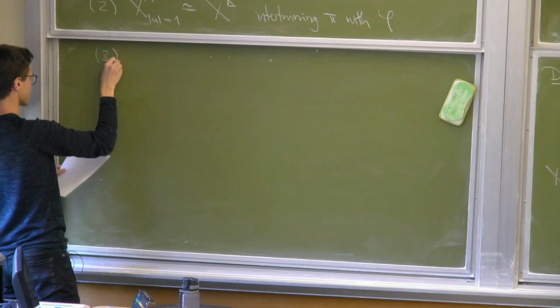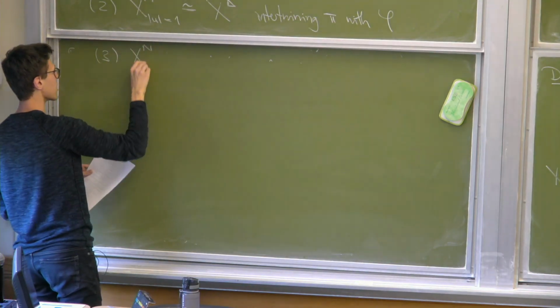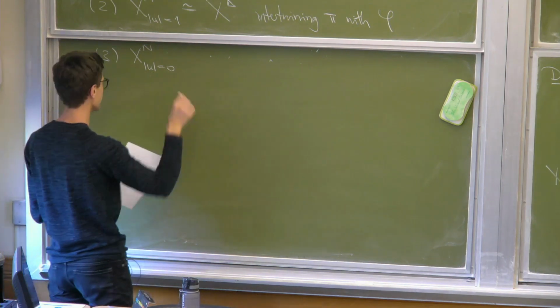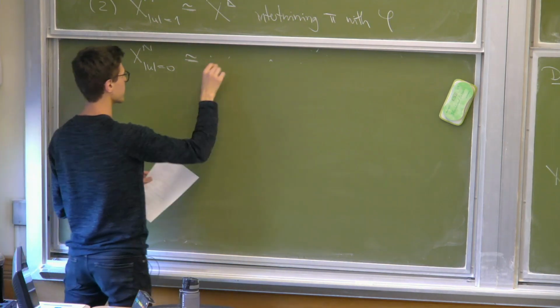So the third one is that I can also restrict to the locus where U has norm 0. So it's diagonal potent.